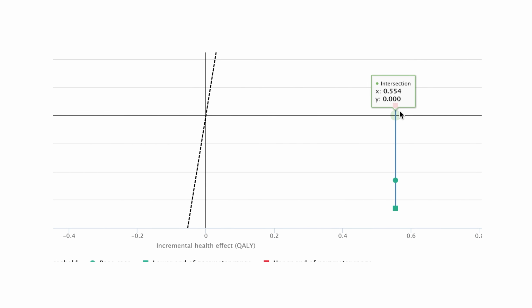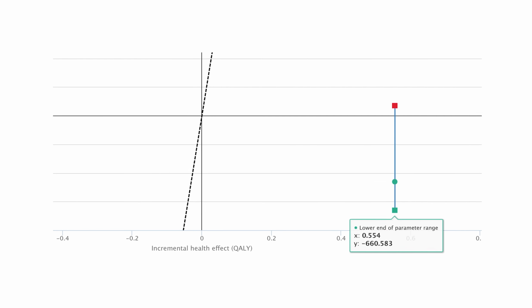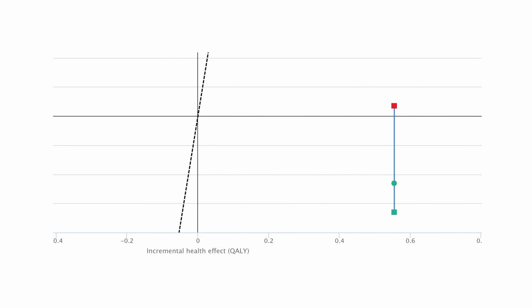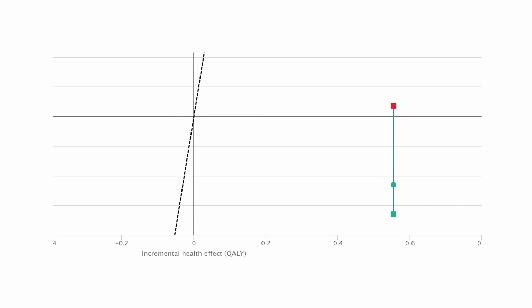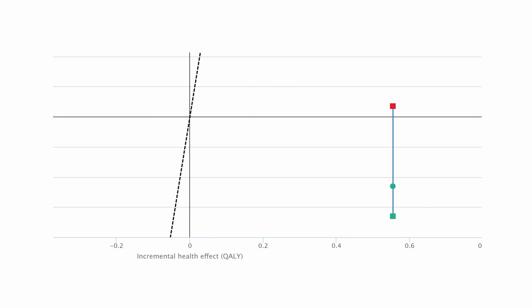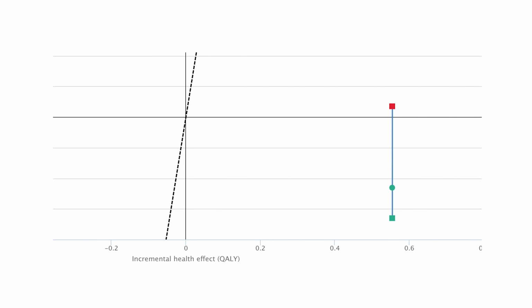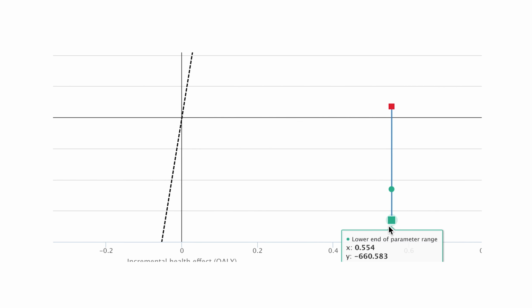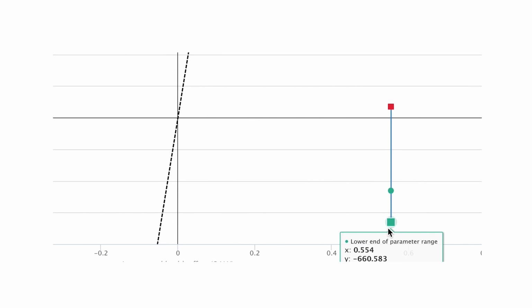It can also be seen that a 20% greater incidence rate has much less influence on the outcome than a 20% lower incidence, which is represented by the long line linking the baseline and lower endpoints on the plane.